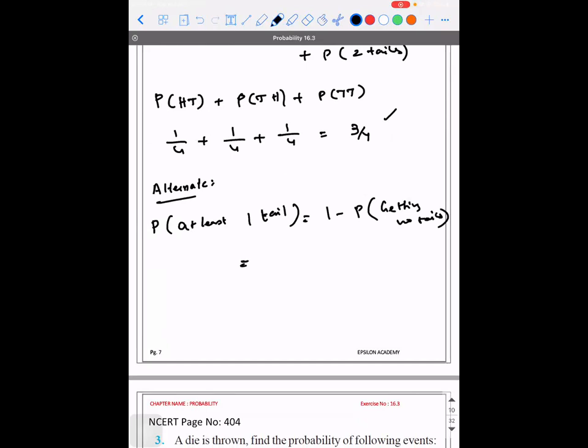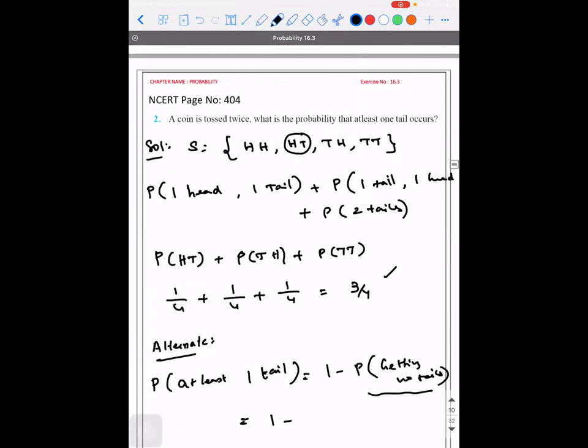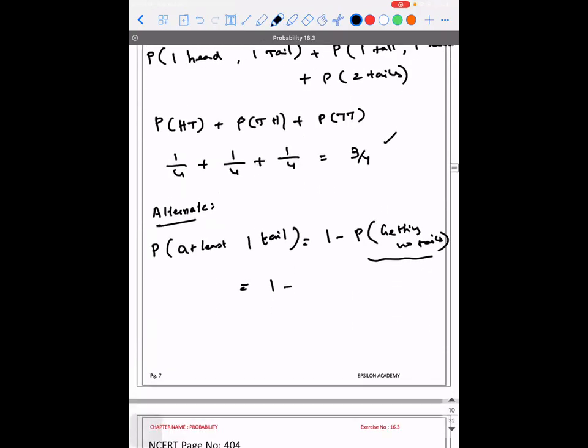So what is the probability of getting at least one tail? 1 minus the probability of getting no tails, means getting both as head. How much is that? It is 1/4. So 1 minus 1/4 is 3/4. So whether you do it in this way or this way, your answer is the same. So whichever is comfortable to you, you can use it, as long as you are clear with the concept.